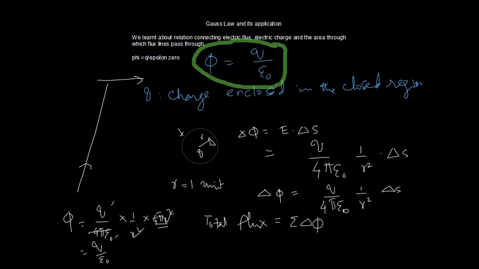The Gauss law states that the flux through a closed surface is given by the total charge enclosed inside the surface divided by epsilon naught. Epsilon naught is the permittivity of free space.